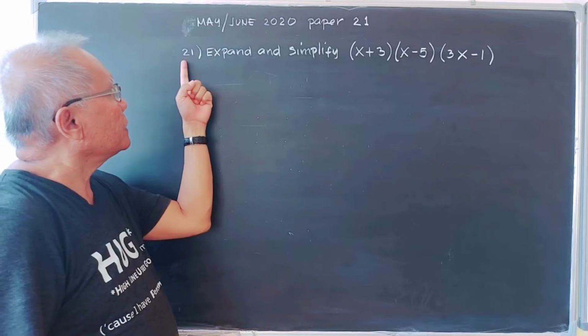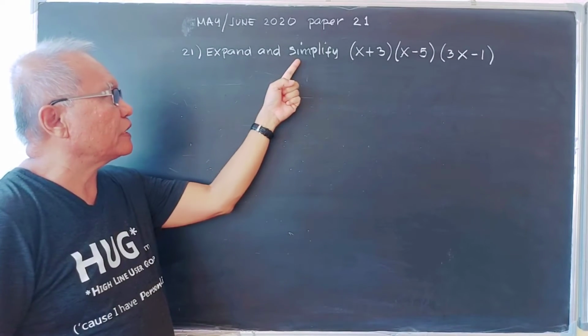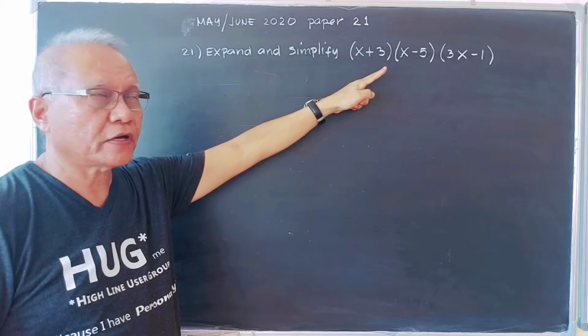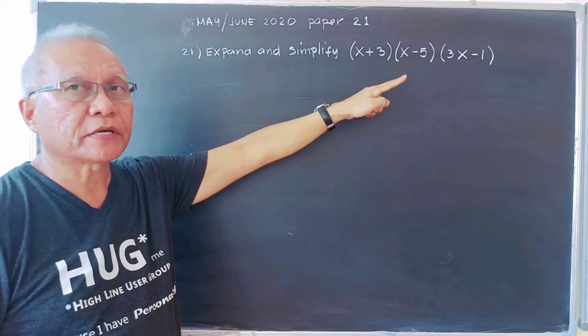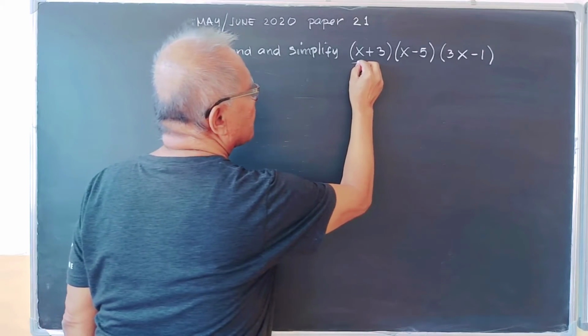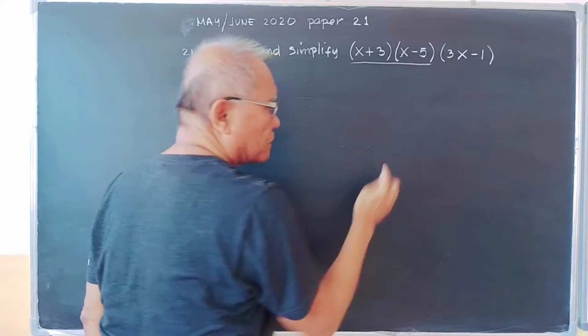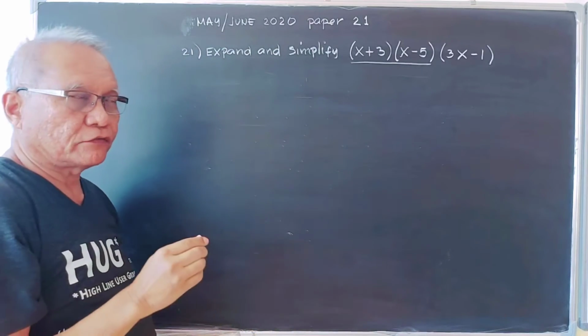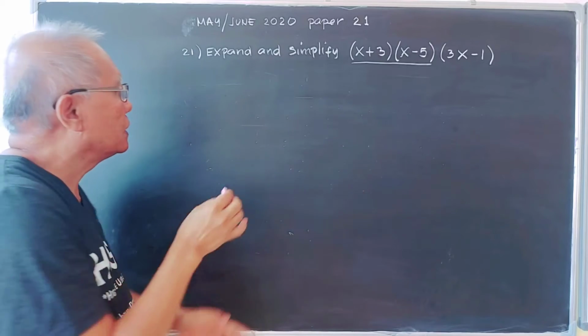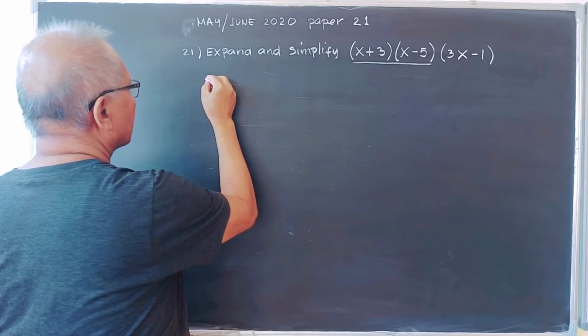Number 21, expand and simplify x plus 3 times x minus 5 times 3x minus 1. So first, we do this x plus 3 times x minus 5. We can do it in vertical form, or by FOIL. So let's do that by FOIL.